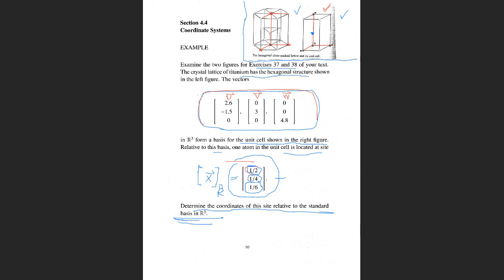I want to say this the right way. The coordinates of the site relative to the standard basis in R cubed, what vector would that be?